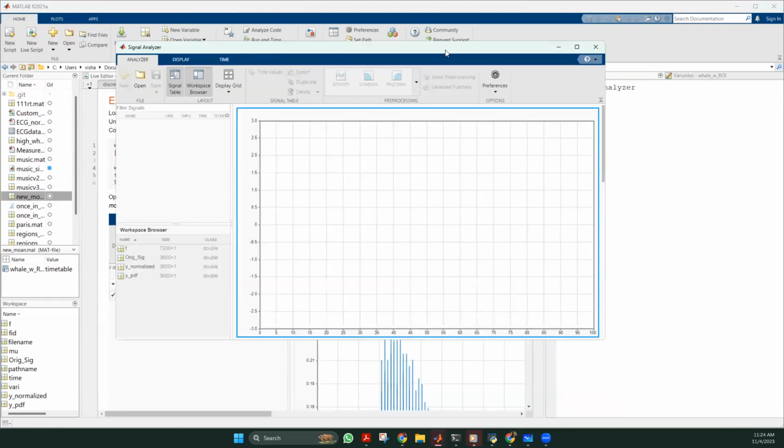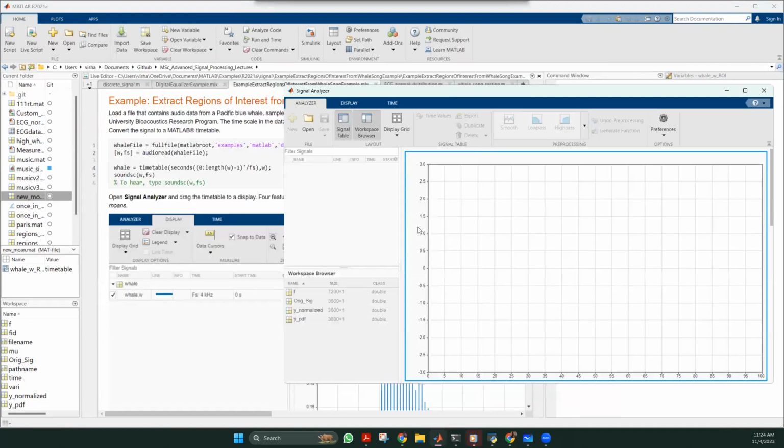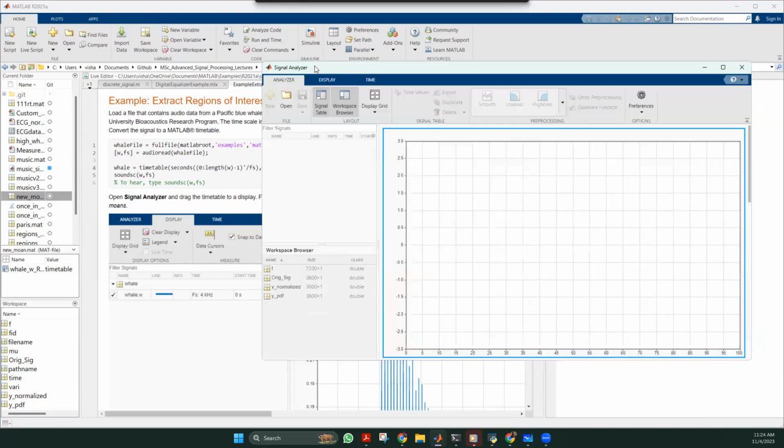Signal analyzer window you can get. Whatever variables we were able to obtain by running a script in the Matlab interface, I can obtain in this signal analyzer app as well.